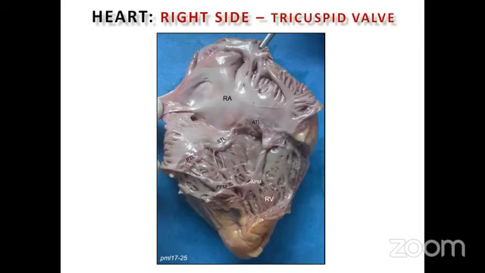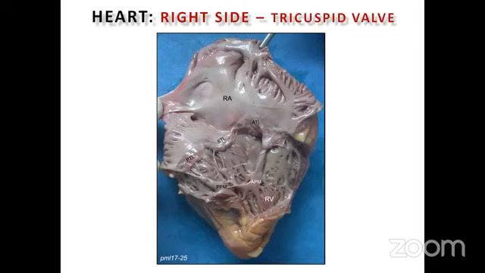The leaflets are anchored to the right ventricle via tendinous cords to the constantly well-developed anterior papillary muscle, the usually developed posterior, and the occasionally or rarely developed medial papillary muscles.